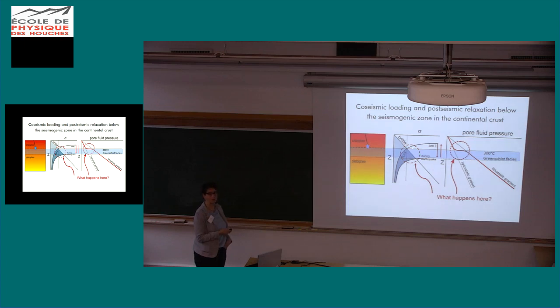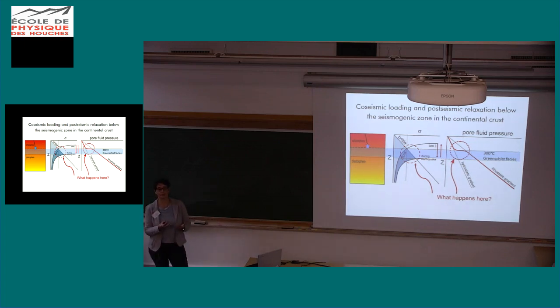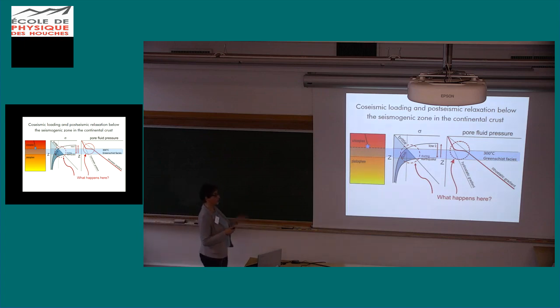So we do see systematic stress and strain rate fluctuations in exactly that area, and we also can expect systematic fluctuations in the pore fluid pressure, in the availability of fluid, because we create an increased porosity. We create a fracture system coseismically, and then of course fluids can flow, and all sorts of reactions and healing processes get triggered.